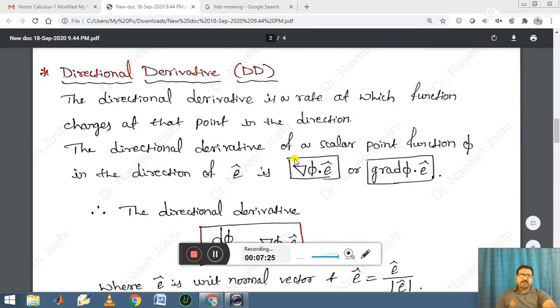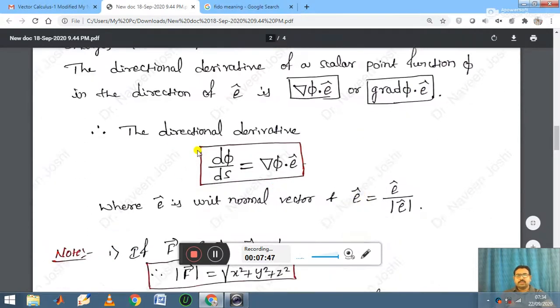The directional derivative of a scalar point function phi in the direction of E, where E cap represents a unit vector, is defined as del phi dot E, or grad phi dot E. In proper notation, the directional derivative d phi by ds, the derivative of phi with respect to the surface S, equals del phi dot E. Please remember this definition of directional derivative.